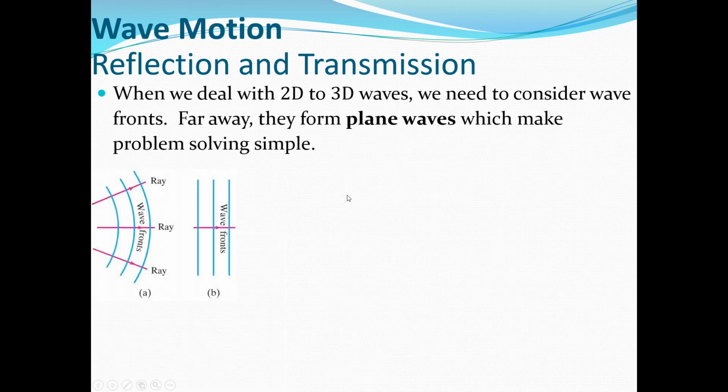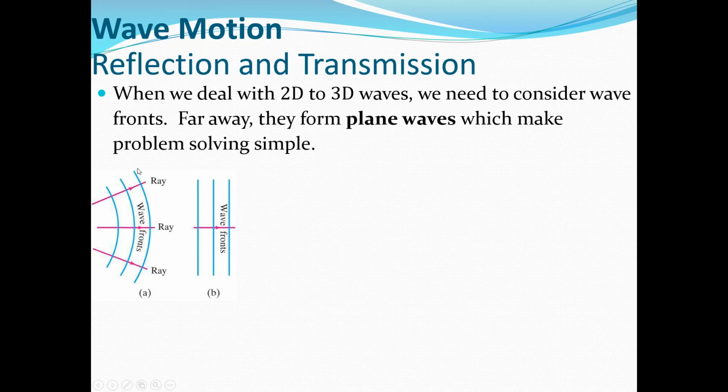Now, we want to take this to the next step. This works fine for a two-dimensional wave where it's only going left and right, but what about a three-dimensional wave? When we think about water waves, to make our lives easy we talk about plane waves.